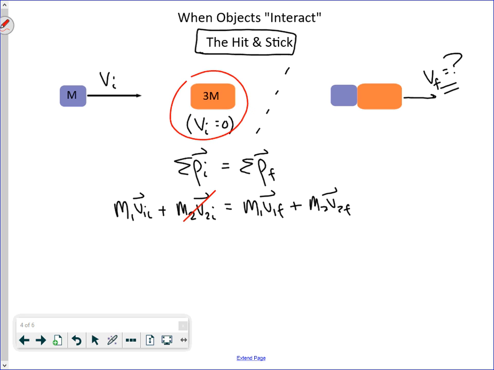Now we can say, well, in the end, these things move with the same common speed. So this actually is going to turn into m1 v1 initial equals, well, watch this. If I say that v1 final and v2 final are the same v final, then we can write this as m1 v final plus m2 v final, and then we can factor out that v final.